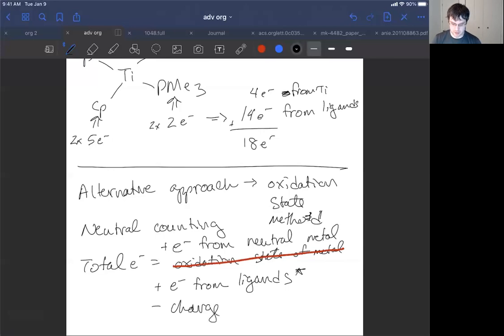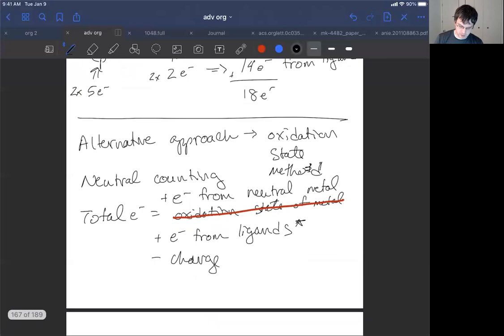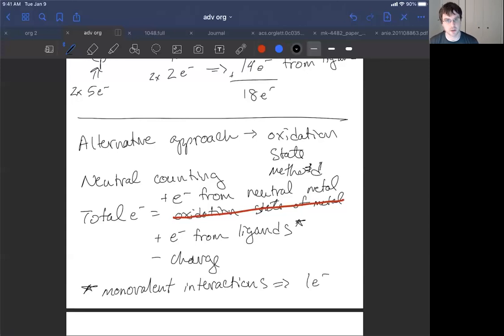Now the electrons from the ligands comes with a little bit of an asterisk in that we say that monovalent interactions provide 1 electron of a contribution to the total electron count. Those monovalent interactions can be combined with pi complexes, and pi complexes provide 2 electrons.